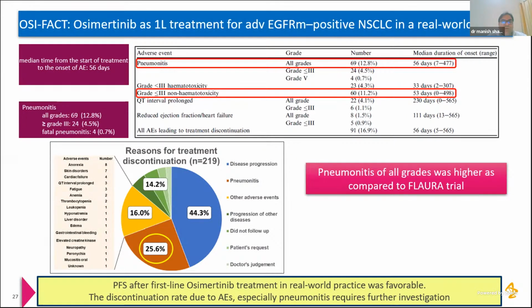Venous thromboembolism is to the tune of 7.8%, and pneumonitis is to the tune of 12.8%. And in the lower side of the diagram, you can see a pie chart for those patients who discontinued the treatment.